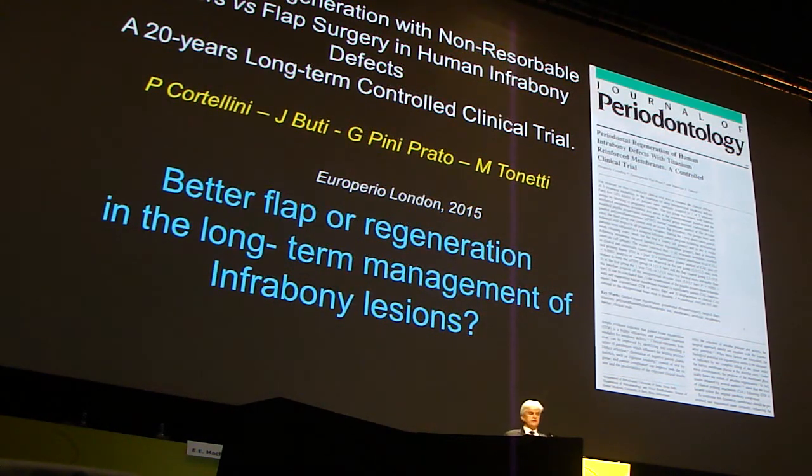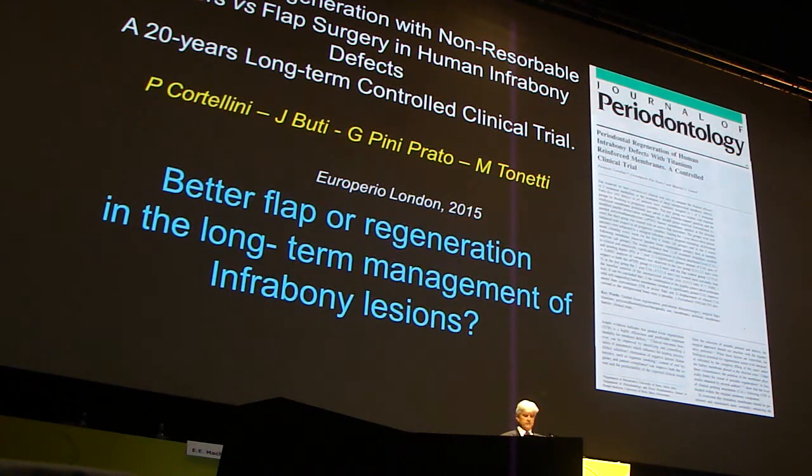And here we want to answer another key question: is it better to apply a flap or regenerate teeth? And here we are talking about the papilla preservation flaps, the very large ones that we've been proposing at the beginning.